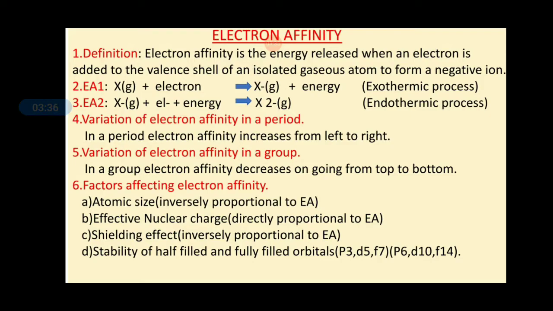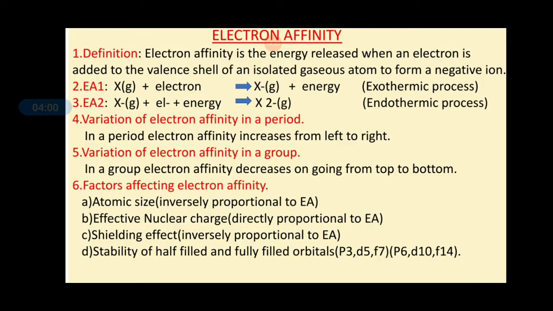Then the fourth factor is stability of half-filled and fully filled orbitals. Atoms with stable electronic configurations have no tendency to gain an electron. Therefore, atoms with completely filled and half-filled electronic configurations have nearly zero electron affinity.